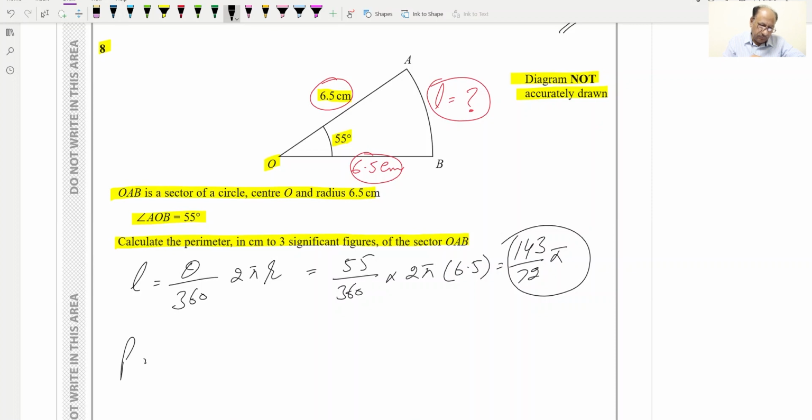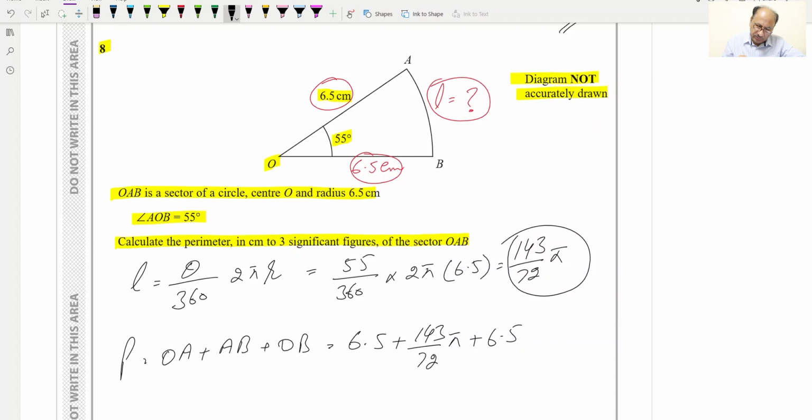So perimeter will be what? Perimeter will be OA plus AB plus OB, and this is equal to 6.5 plus L, where AB is 143 over 72 pi, and plus the last side will also be 6.5.